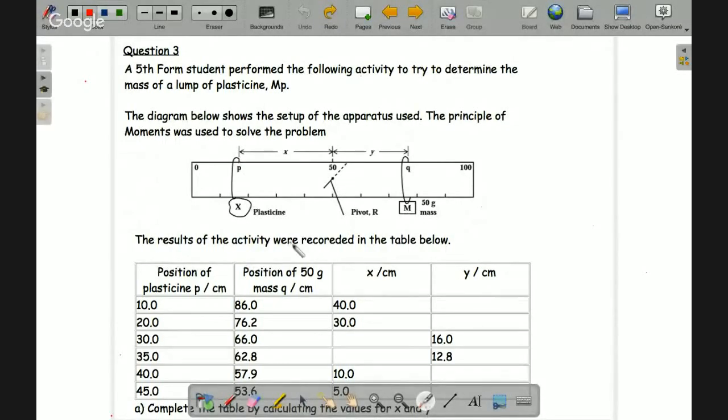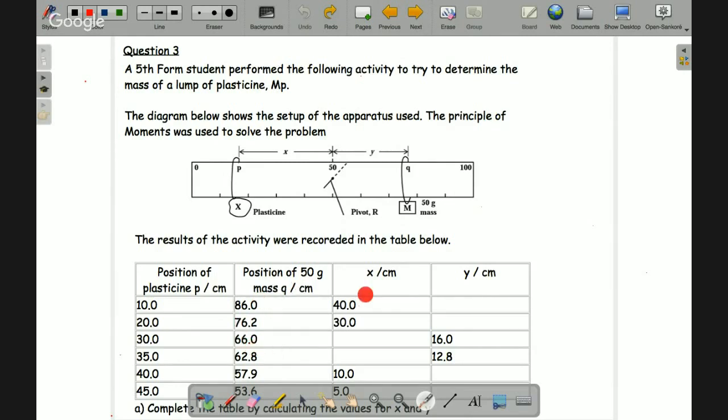The results of the activity will be recorded in the table. So you have the position of the plasticine, which is this P here. These values, 10, 20, 30, 35, 40, 45, adjust the various positions on the ruler. Similarly, the position of the 50-gram mass, Q, adjusts positions again.